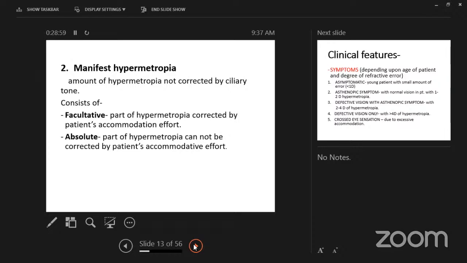When we are doing the cycloplegic refraction, the facultative part which is corrected by the accommodation is also revealed, so after the cycloplegic refraction, we will get the total manifest hypermetropia. The right term, total manifest hypermetropia, includes both facultative and absolute. Latent will be in addition.